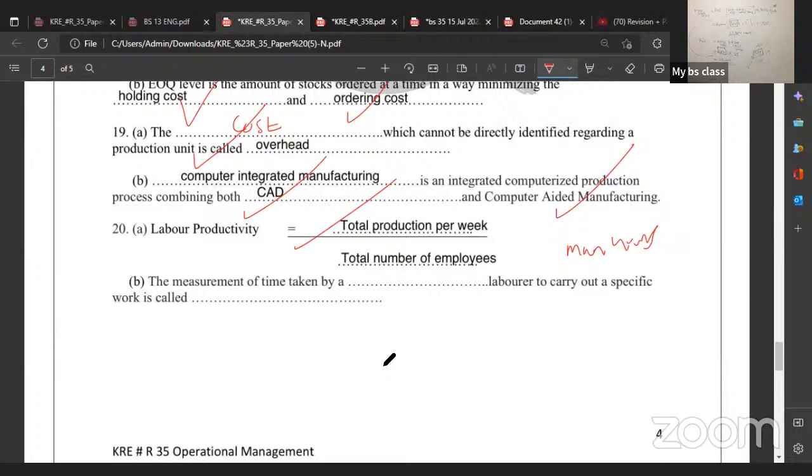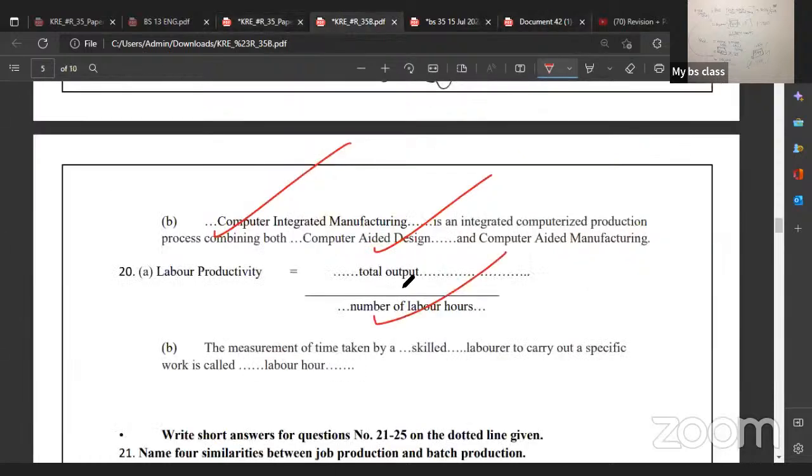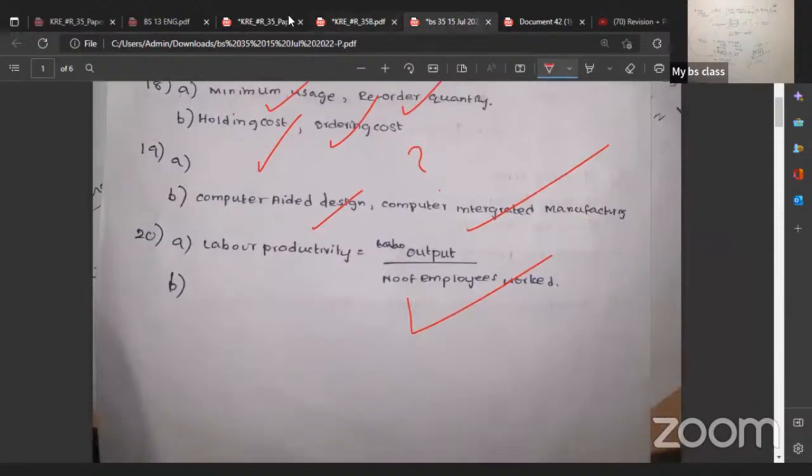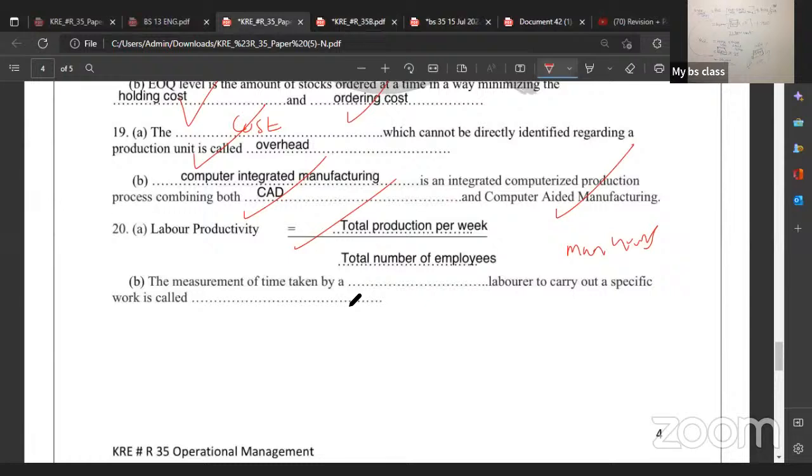What is that specific word, guys? The skill labor hour. No, not skill labor, the measurement of time taken by one labor to carry out a specific work is called... Yes, man hours, right? Man hours.